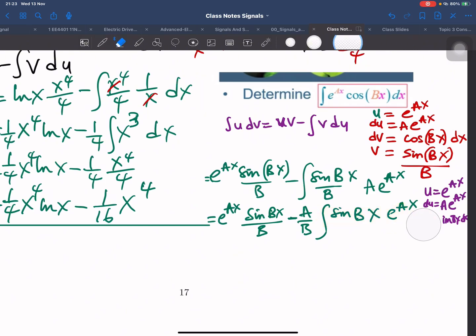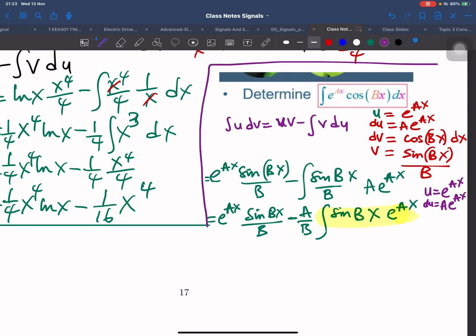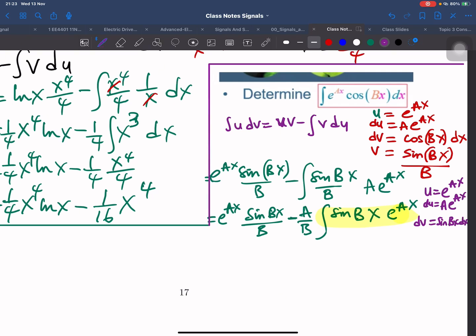Let me write it clearly. dv is equals to sine bx dx.